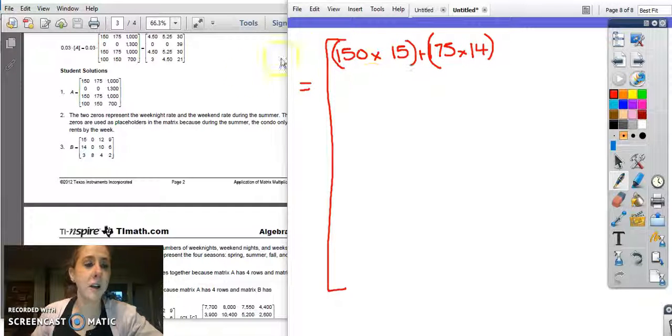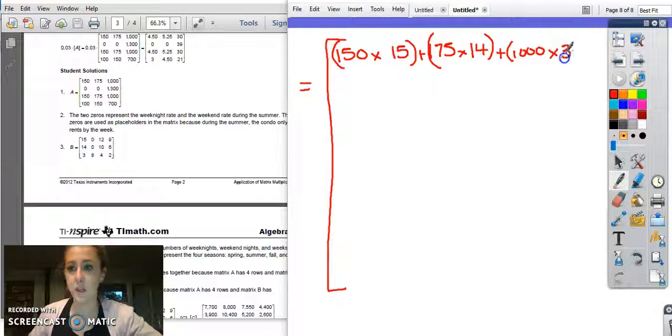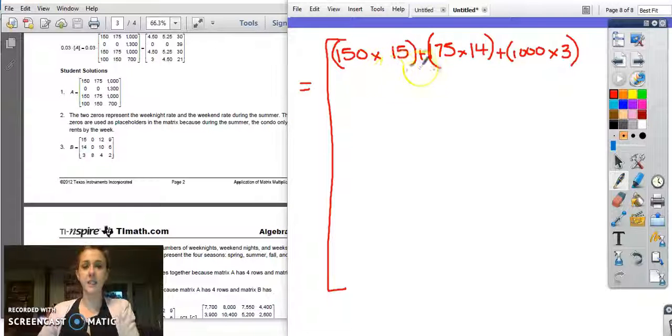So can you see how I'm taking that first row from A, multiplying it by the first column in B, and then it's 1000 multiplied by 3. Okay, so that's element row 1, column 1.